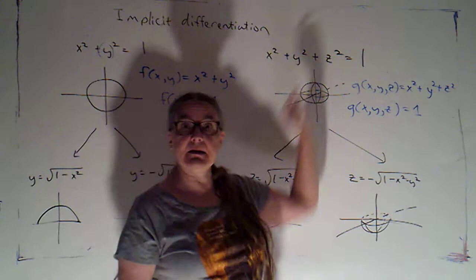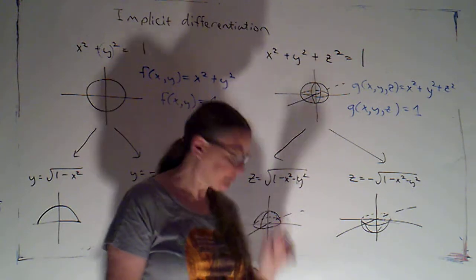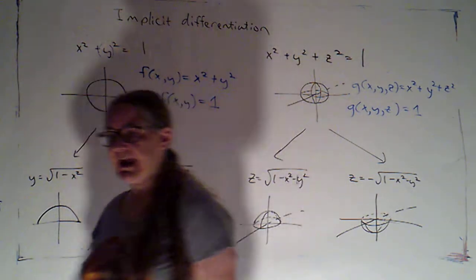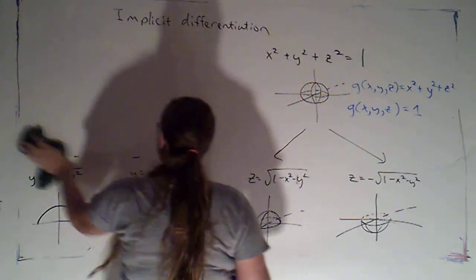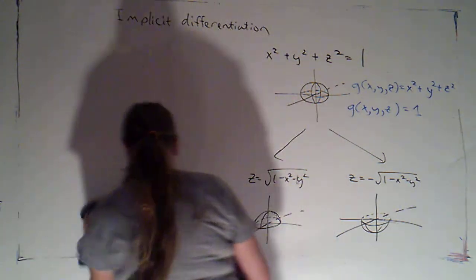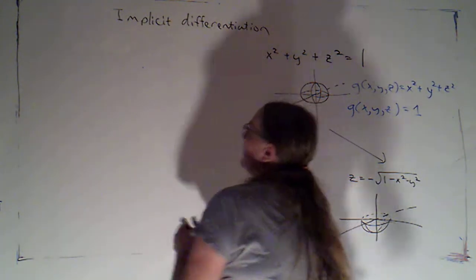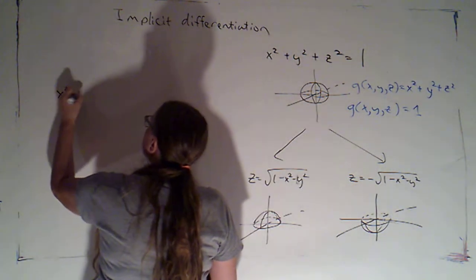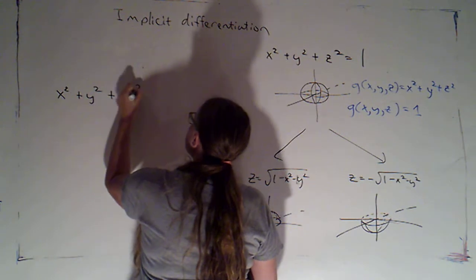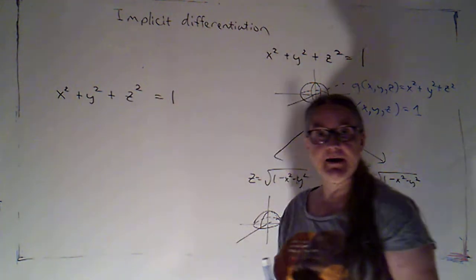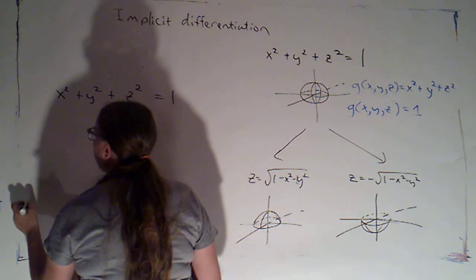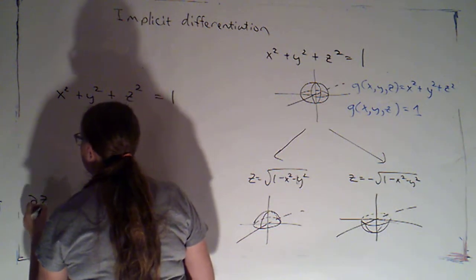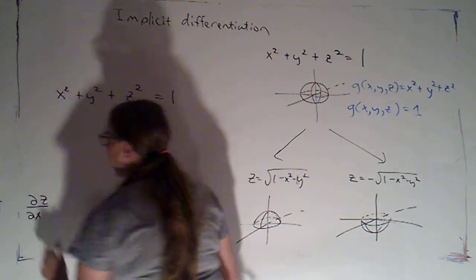I could use implicit differentiation. So let's take a look at how that works with this particular example. So if I have x squared plus y squared plus z squared equals 1, and let's say I want to find a formula for the partial of z with respect to x.